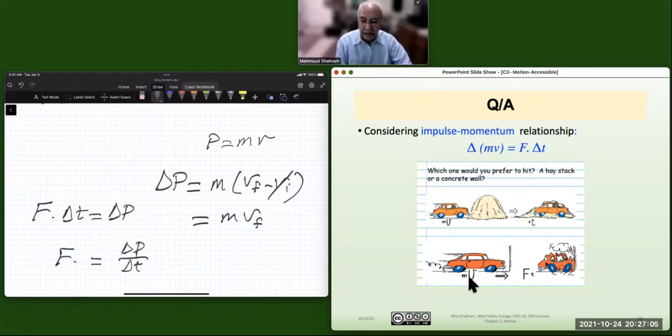You start with the same velocity and you stop. So the change of momentum is the same. What is changing here is the time of impact, very short. So what must happen? The force is going to increase as the time of impact gets shorter and shorter.